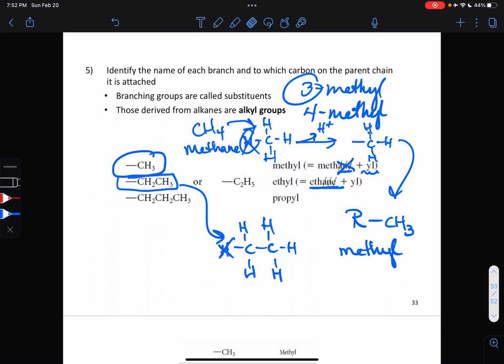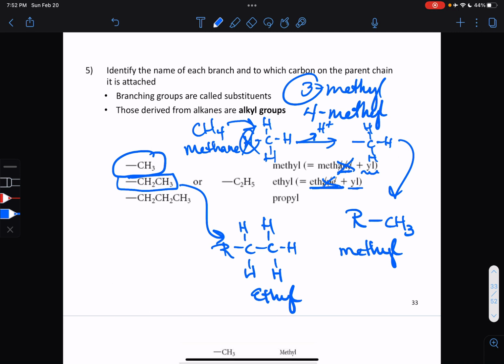And when we do that, what we create is an ethyl. So we take the ane off the end of ethane and we add a yl, and then we get an ethyl. Now we can stick that in the middle of a longer hydrocarbon, and that'll be a branch. So sometimes, again, you'll see an R here just to indicate the rest of the molecule.